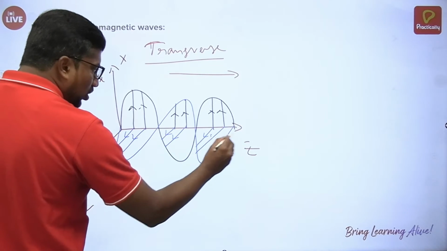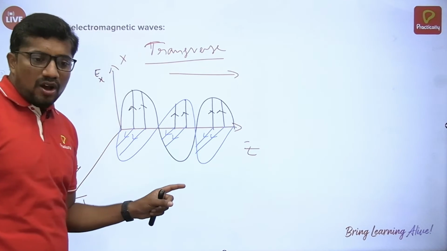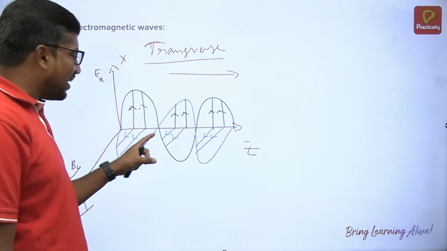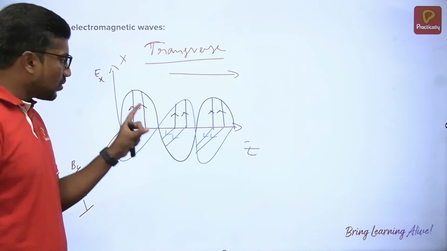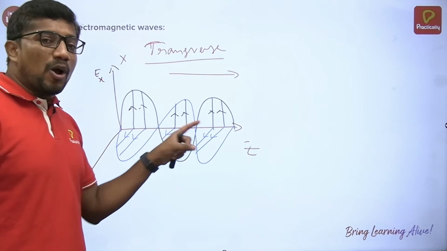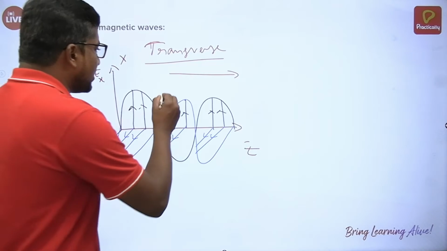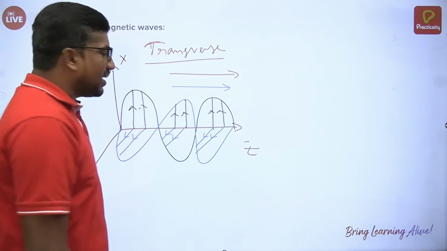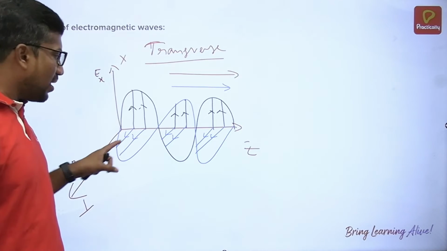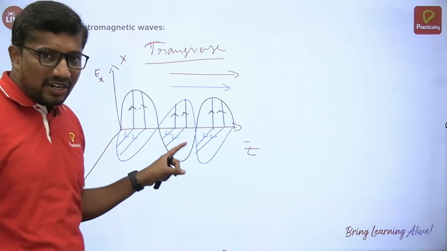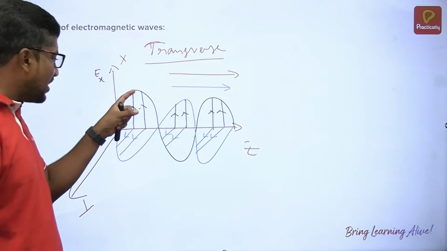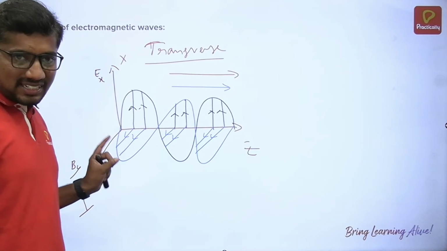So this electromagnetic wave is the combination of both electric and magnetic fields, and they are always acting at right angles to each other like this, and both fields are perpendicular to the propagation of the wave. Suppose this wave is propagating along this direction, and these fields are in this plane. X, y, z, all three are mutually perpendicular to each other, right? So the wave is propagating like this, and the E and B fields exist like this.